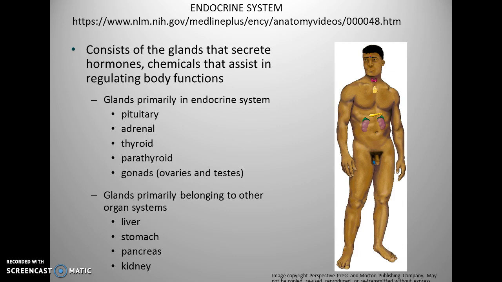let's go ahead and take a look at the endocrine system. Again, there's a video link, and here we're talking about different parts of the body that are associated with the endocrine system. Well, the endocrine system is controlled by a master gland, which is the pituitary gland.